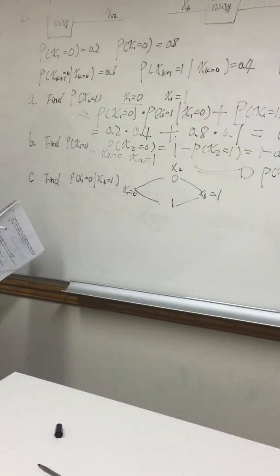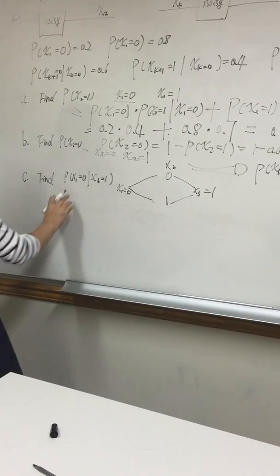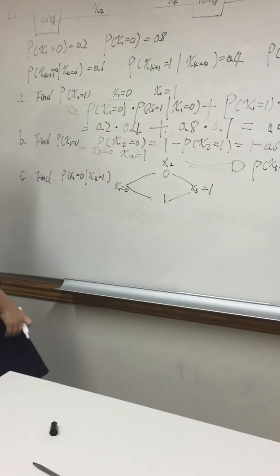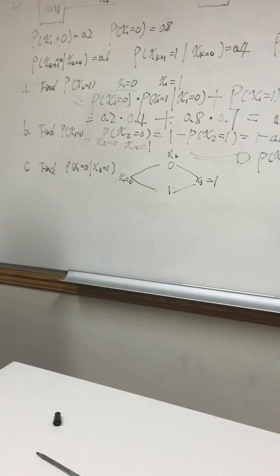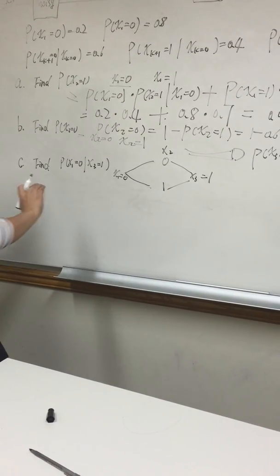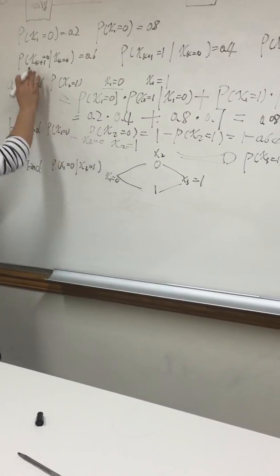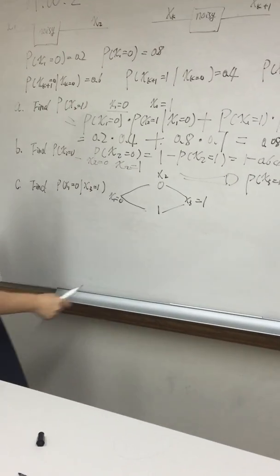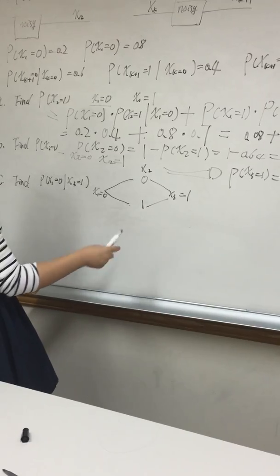And the third question is, let us find the probability x1 equals 0 on the condition of x3 equals 1. We have to analyze it. It's the opposite direction to the function that is given.